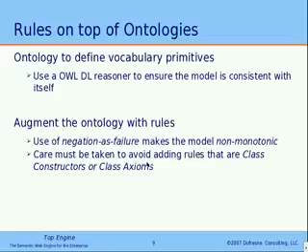Then you can add rules that use negation as failure to make the whole model non-monotonic and consistent with the behavior we expect, as we have in relational databases, for example. However, care must be taken to avoid adding rules that are class constructors or class axioms. These should be put into the ontology so that we can ensure that the ontology remains consistent.